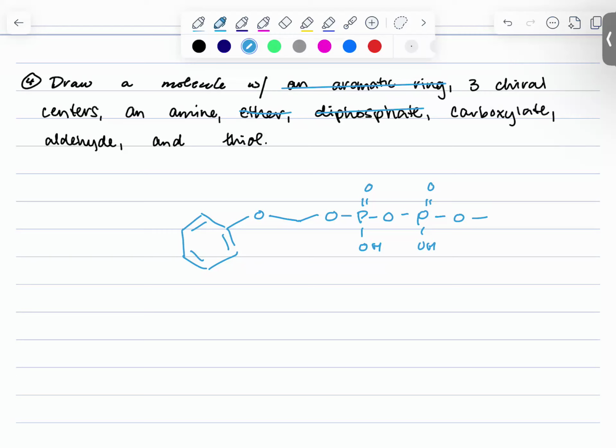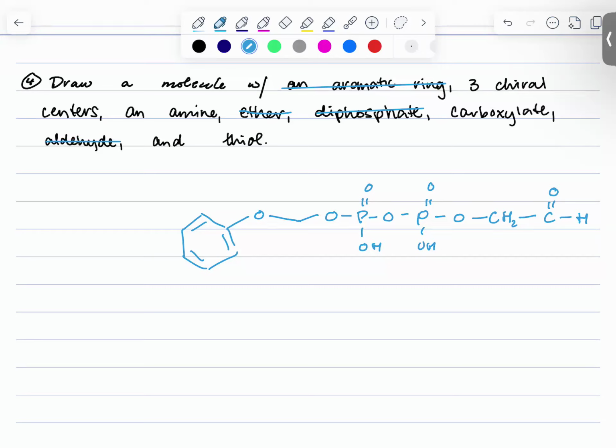Why don't I add my aldehyde next? Actually, let me put one spacer in between. That's a pretty long chain, so I'll stop there and keep working on another part of my ring. So I got an aldehyde in there.